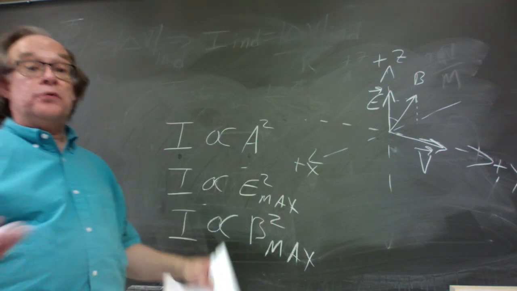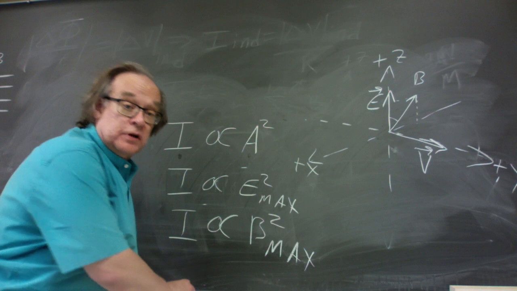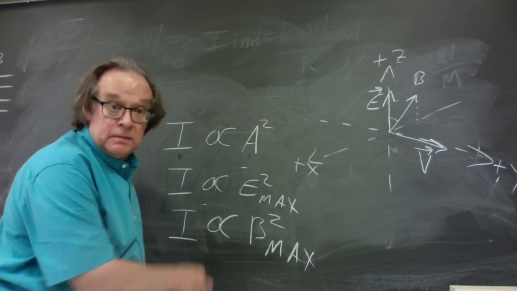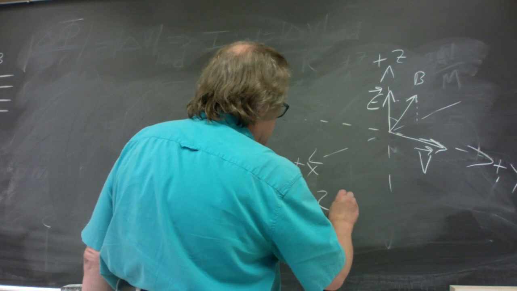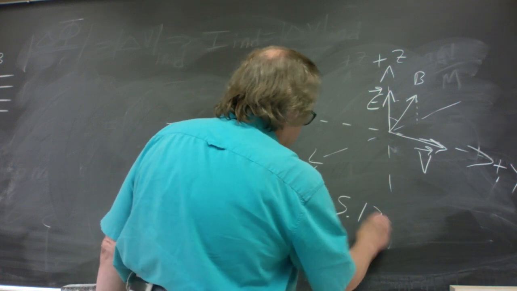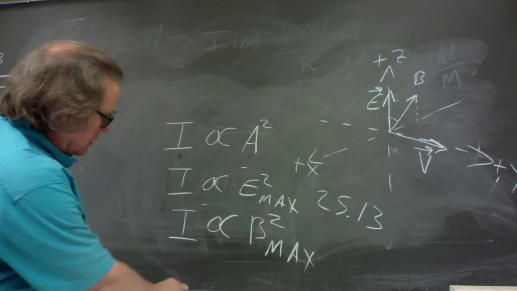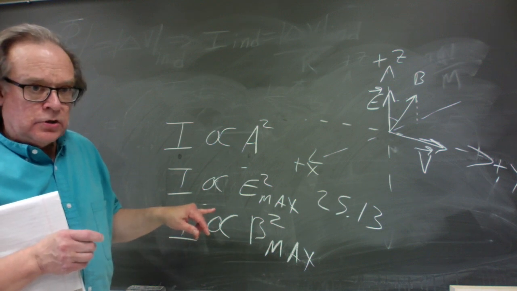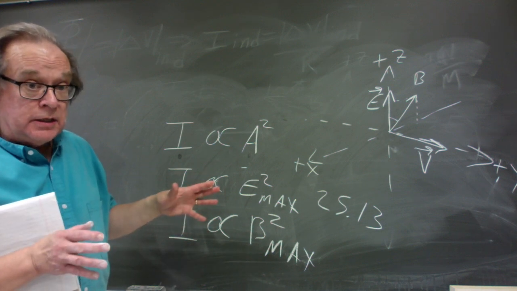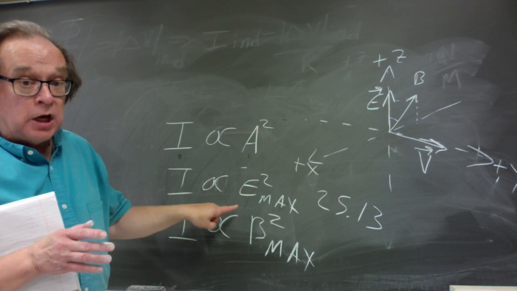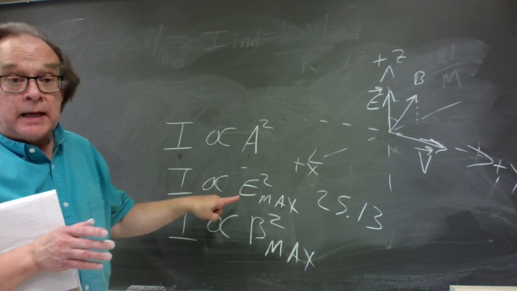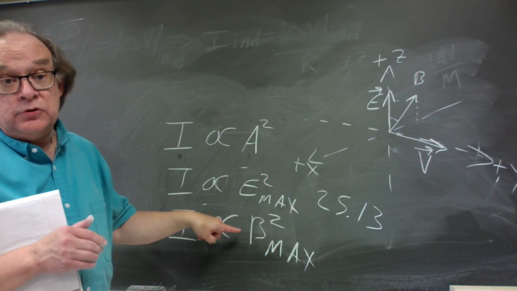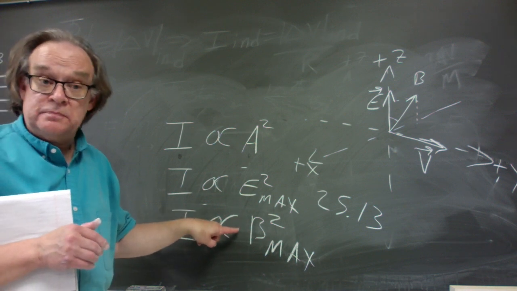It's just that in both cases the calculation is a little different, and you see that in the equations in the text, equations 25.13. But anyway, the important point is that intensity changes because the amplitude of the electric field changes and the amplitude of the magnetic field changes.